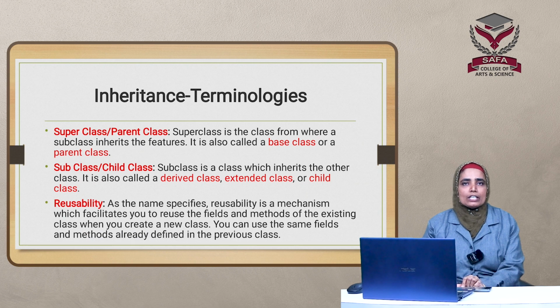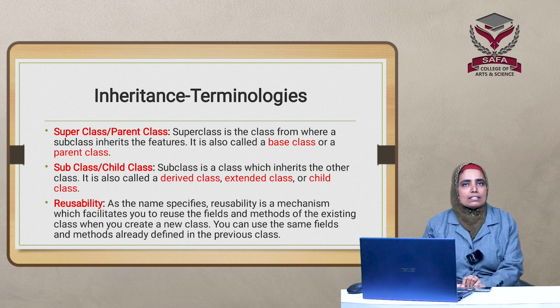Next one is reusability. What is reusability? As the name specifies, reusability is a mechanism which facilitates you to reuse the fields and methods of an existing class when you create a new class. You can use the same fields and methods already defined in the previous class.